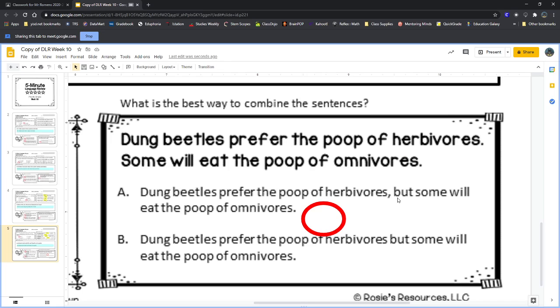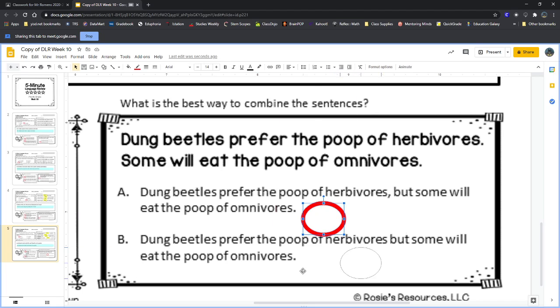Like we said a little bit earlier today, if you're trying to combine two complete sentences, you need a comma and a conjunction. Take a look. I believe that dung beetles prefer the poop of herbivores. Okay? I believe that some will eat the poop of omnivores. Okay?